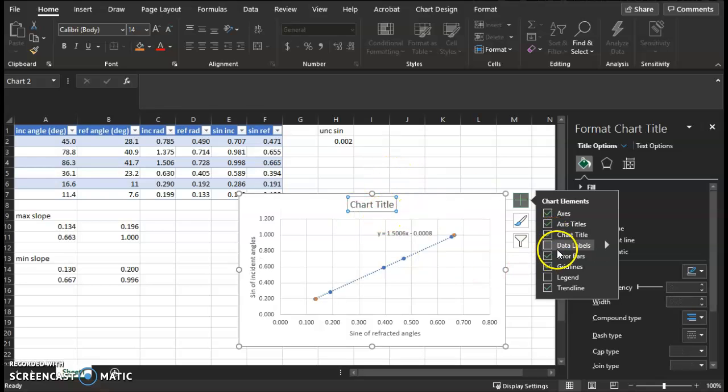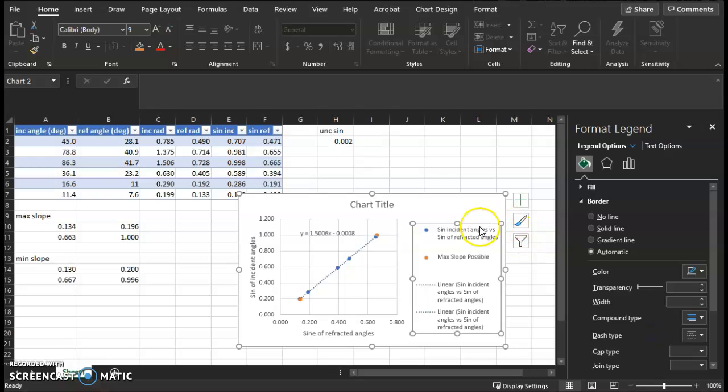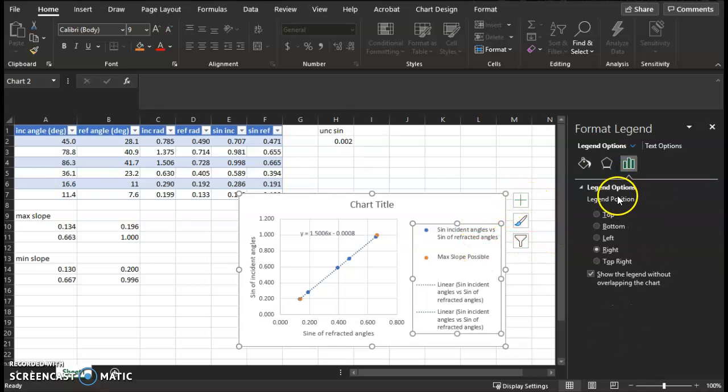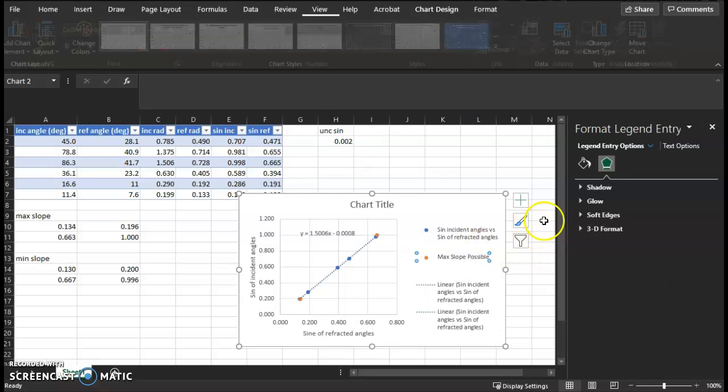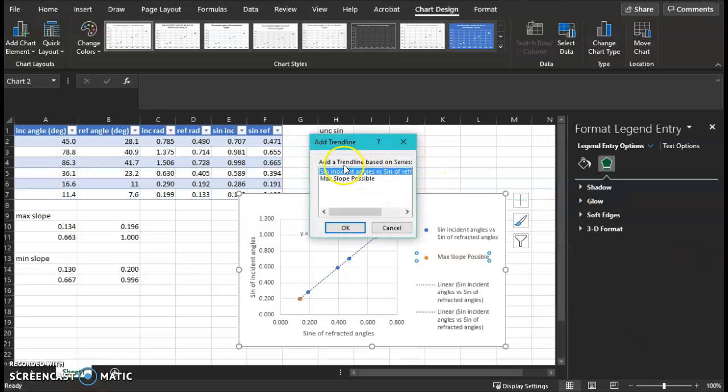We can retitle this. I'm going to add a trend line here and more options with the trend line. Trend line, more options, and it should come up. I get a choice. I'm going to do the max slope possible.